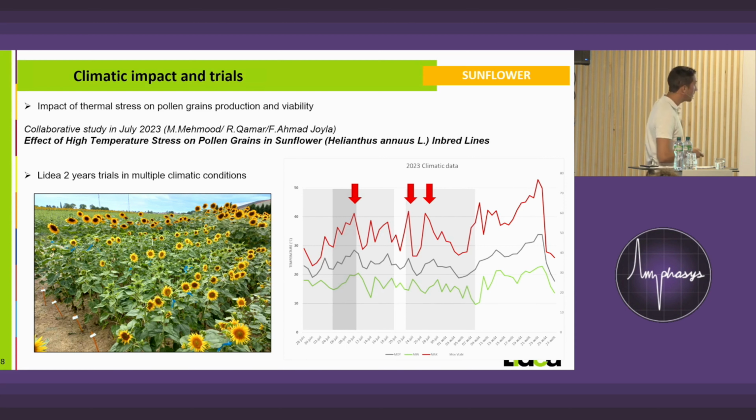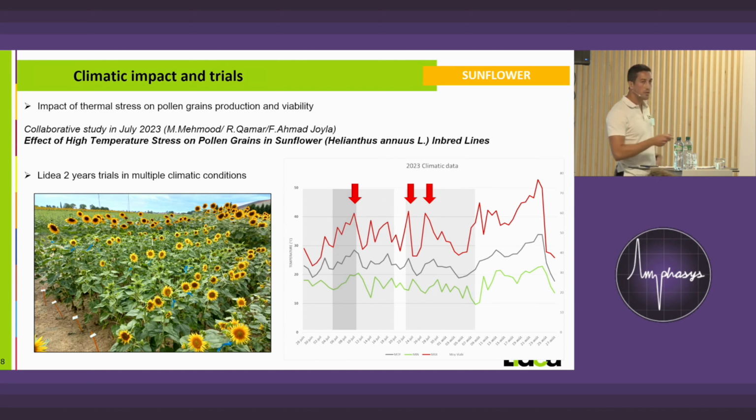Just an example. At the right, you have the maximum temperature during the 2023 experimentation, and you can see that you have some peaks of more than 40 degrees. It's not Switzerland, it's Toulouse. Even 50 here. So it could have a very huge impact.